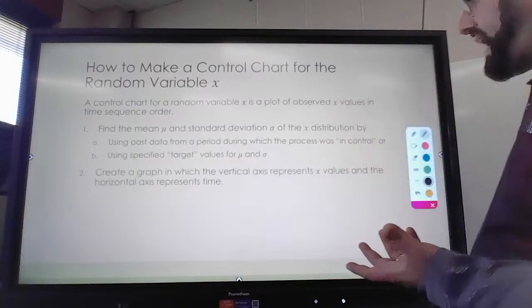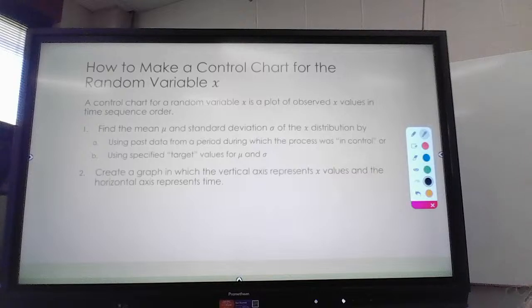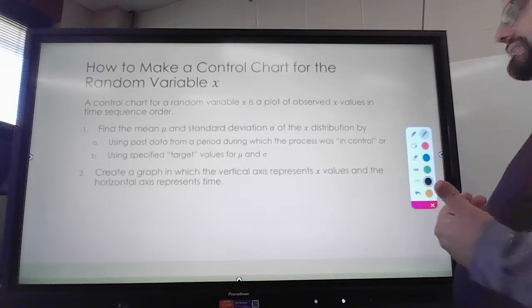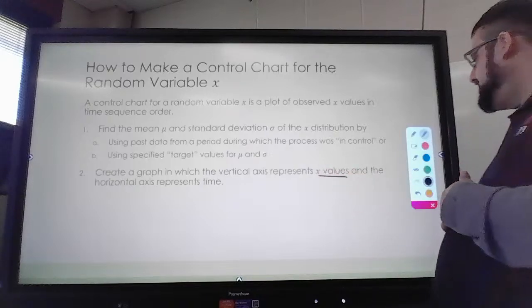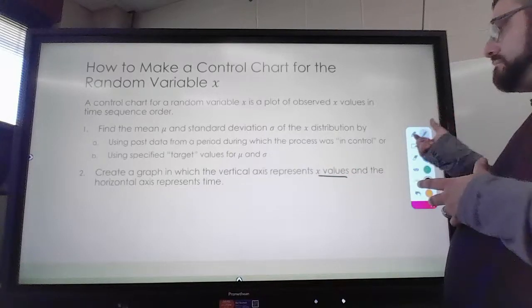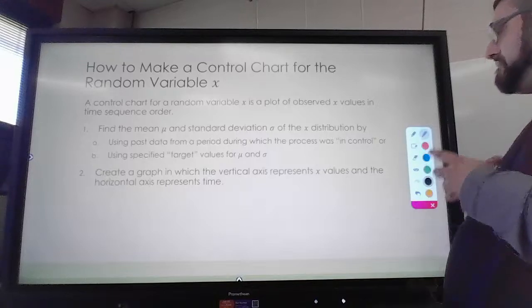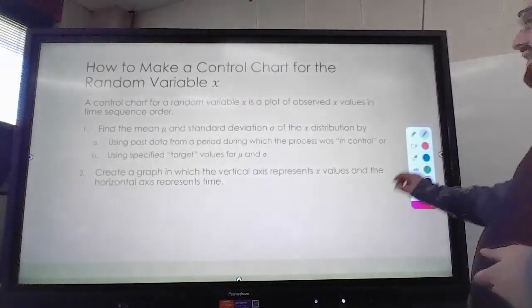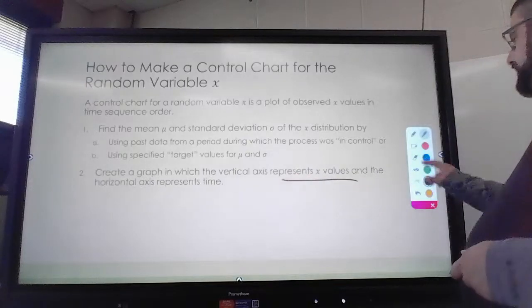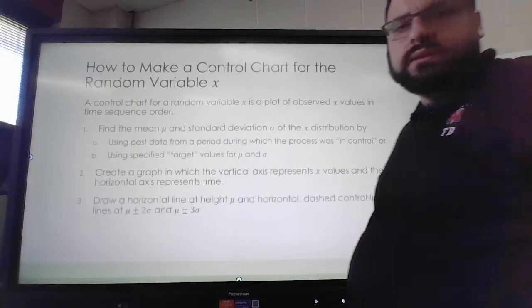When you create this graph, you have your vertical axis, which represents x values, and your horizontal axis represents time. Usually we associate the horizontal axis with x values, but since we're measuring the values over time, we want our horizontal axis to represent time and our vertical axis to represent our variables.